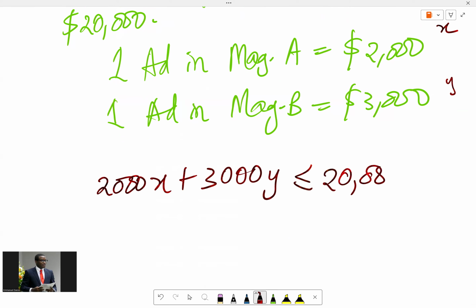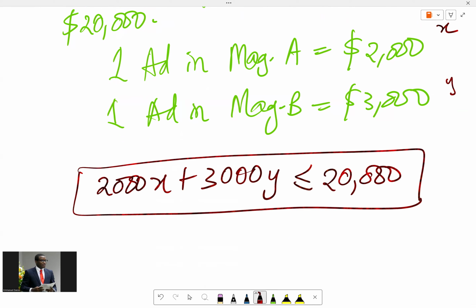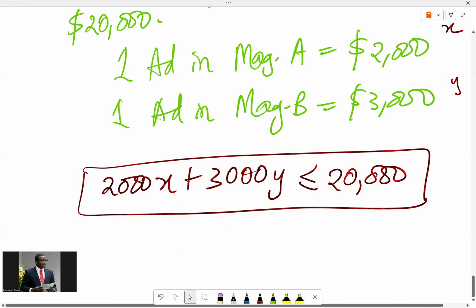So you cannot spend beyond 20,000. You can spend less than 20,000, or at most 20,000. That means less than or equal to 20,000. So that is our first constraint.